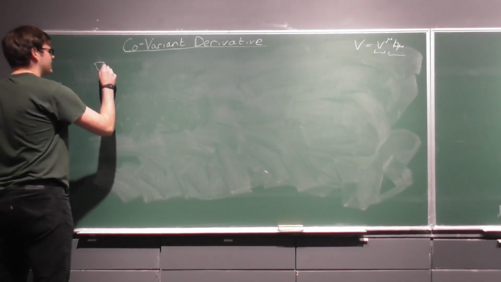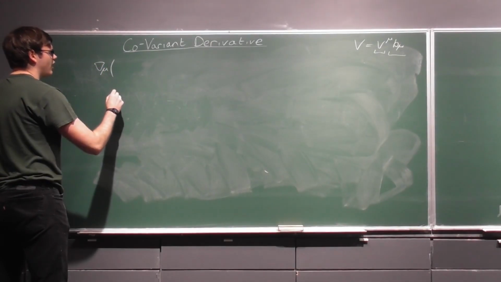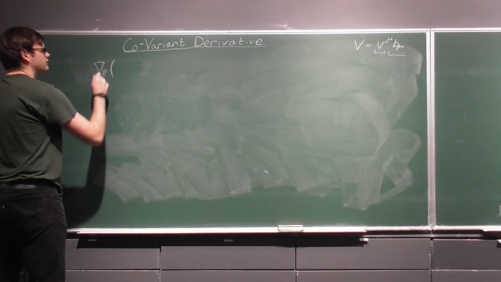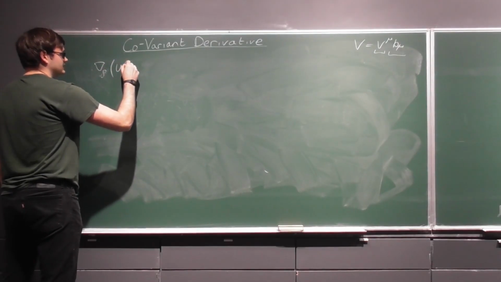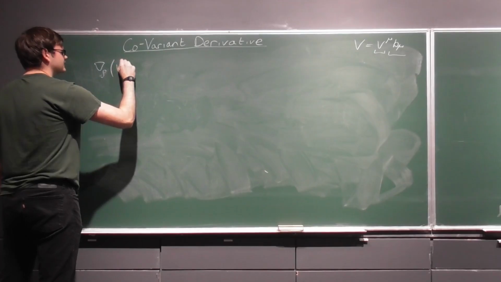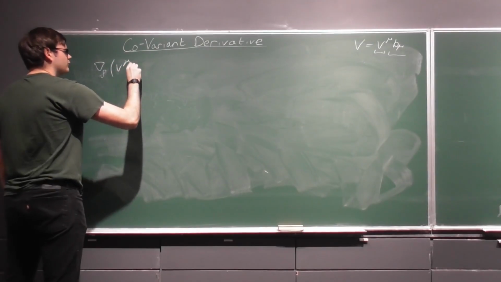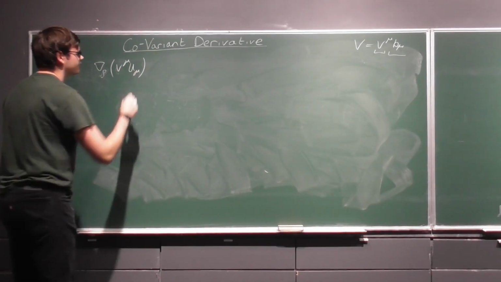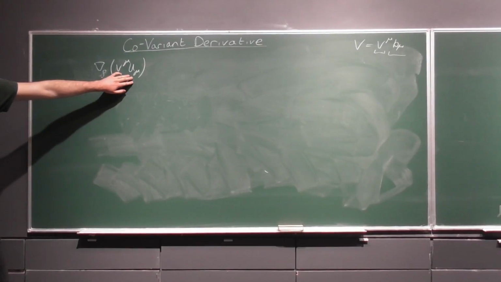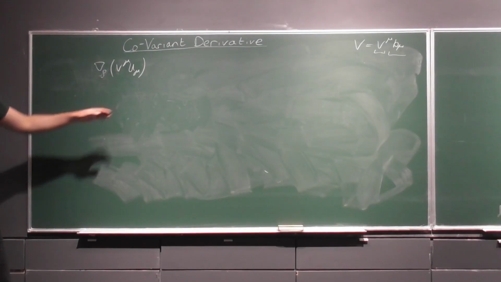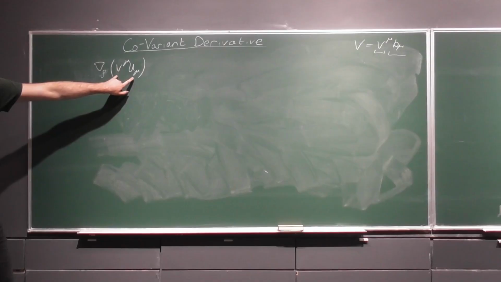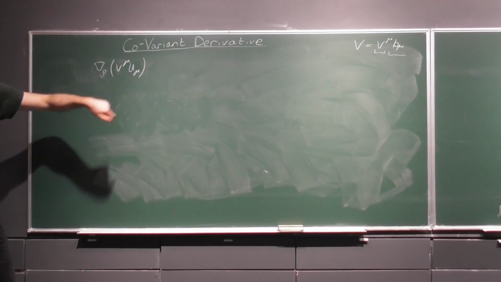So let's say I take the covariant derivative ρ of a combination. I have a vector, as we did before, but I'm dotting it with a covector with lower index. We showed in the last lecture, I believe, that this transforms like a scalar.